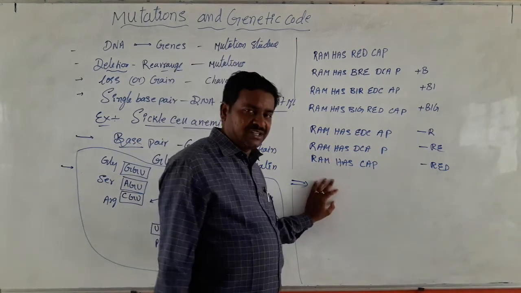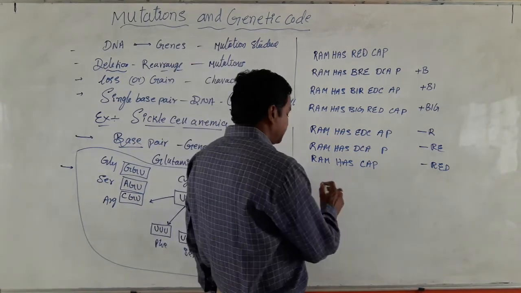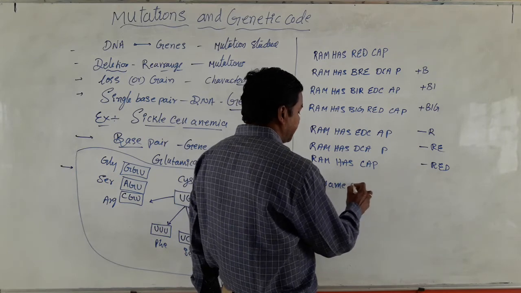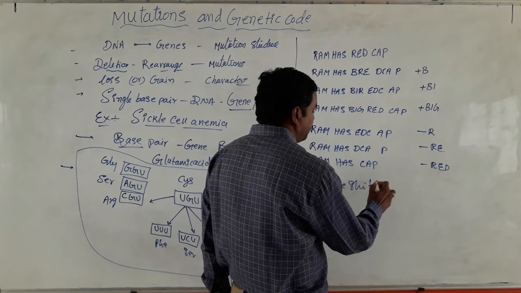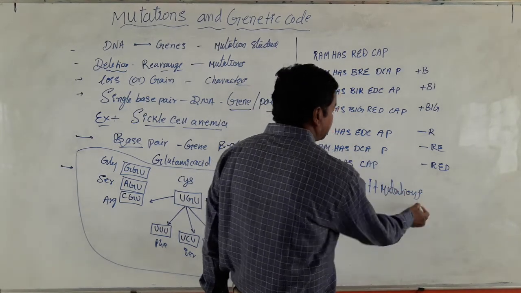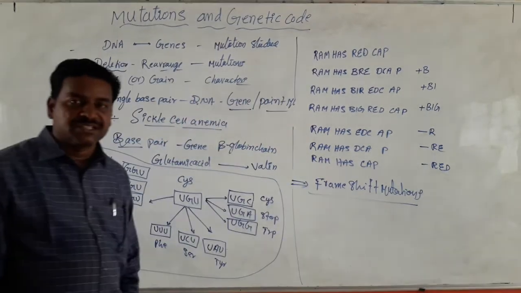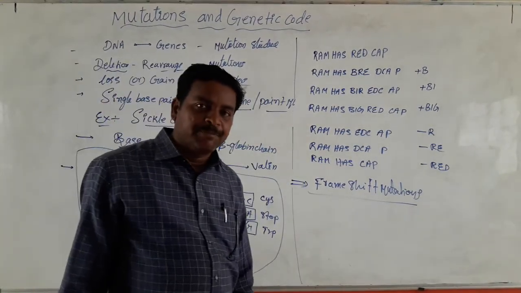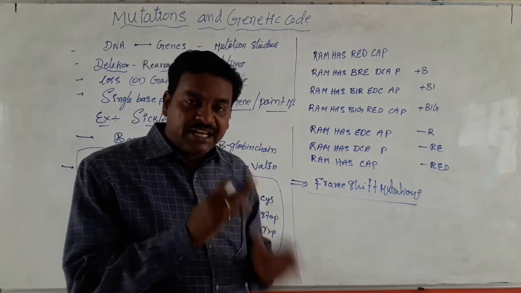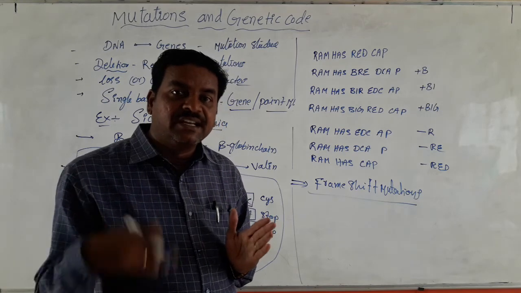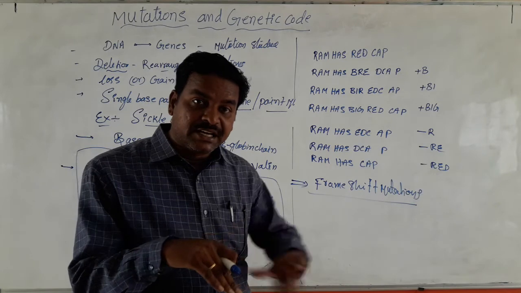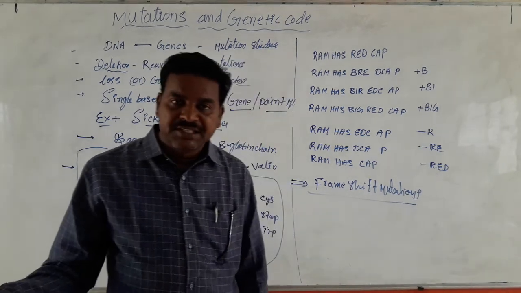Very, very important. Such mutations are called frame shift mutations. What are frame shift mutations? When one or two letters are inserted or deleted, the reading frame will rearrange from where they are deleted or inserted onwards, not before the insertion or deletion.